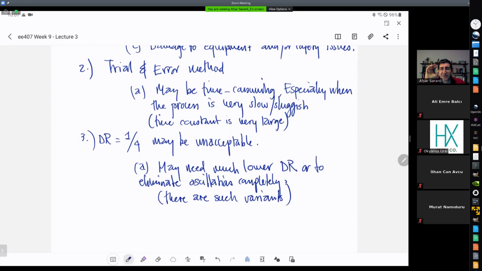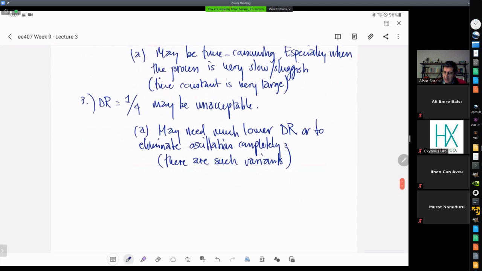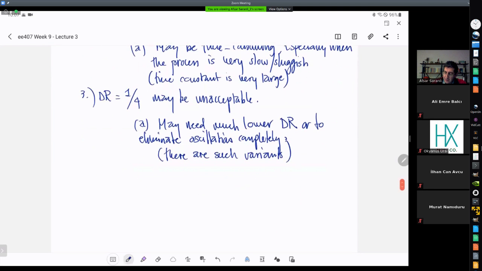Now, what you get from Ziegler-Nichols should really be considered as a starting point. You can always fine-tune, or play around with those parameters in order to get a better performance. Okay?